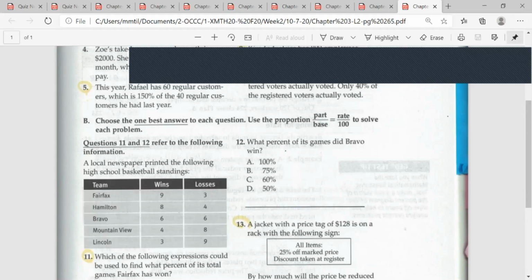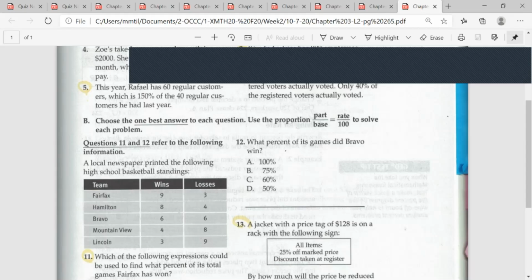Number 12? Okay. Looking at this chart, he won 6 and he lost 6. 50%. Yeah, that was kind of dumb, a no-brainer. It's just 6 over 12 is equal to 50%, right?